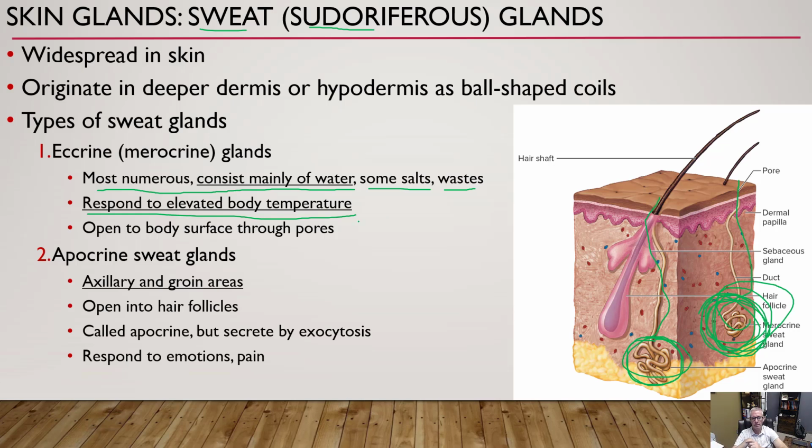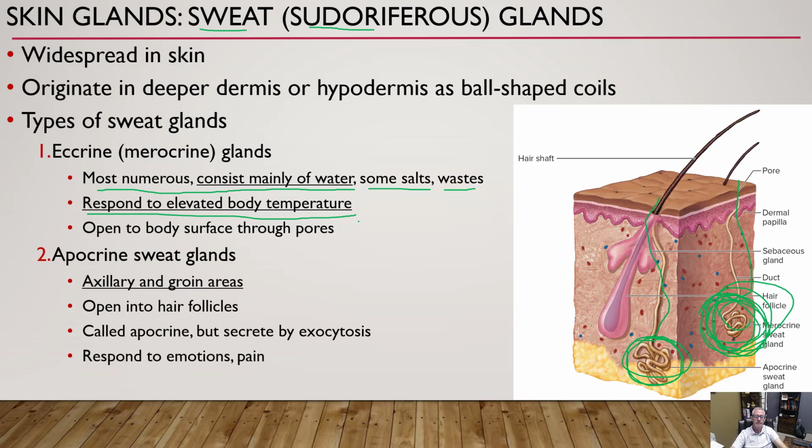That's regular sweat, merocrine or eccrine sweat glands, and that type of sweat really doesn't smell. The other type, apocrine sweat glands. Remember apocrine was the second type of gunkiness where a little bit of the cell pinches off. We find these in the axillary, your armpit, and the groin area, down in your pubic region. Those open up into hair follicles.